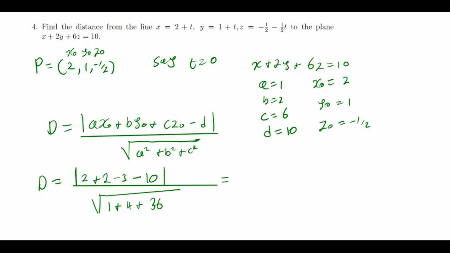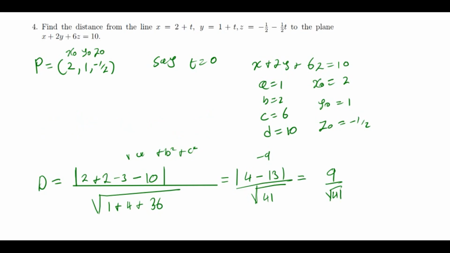So on the numerator we have 4 minus 13, and we divide by the square root of 36 plus 4, that's 40, plus 1, that's 41. Then 4 minus 13 is minus 9, but because of the absolute value, it's just 9 over the square root of 41.